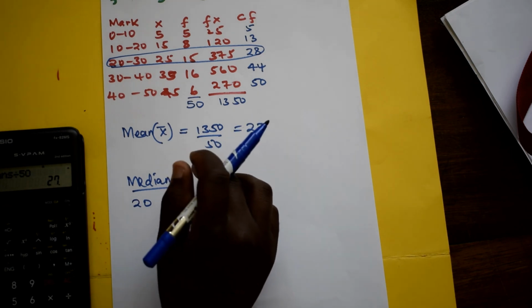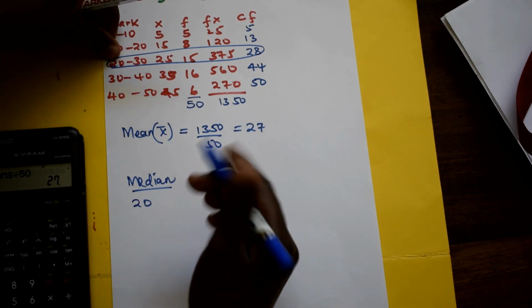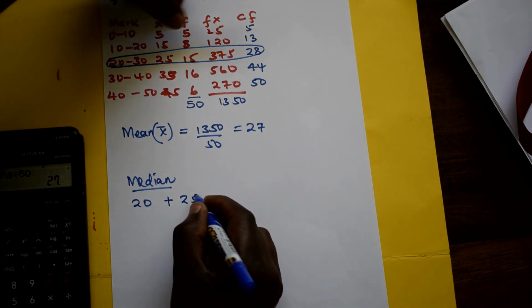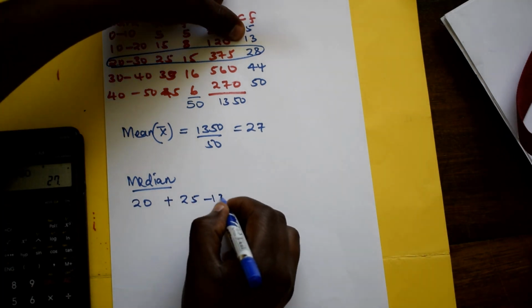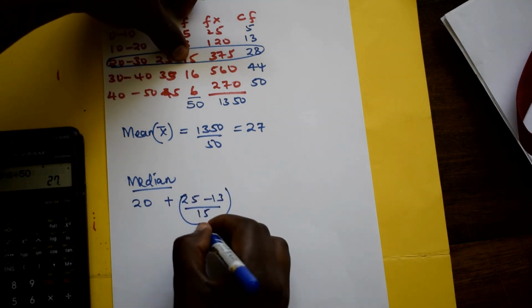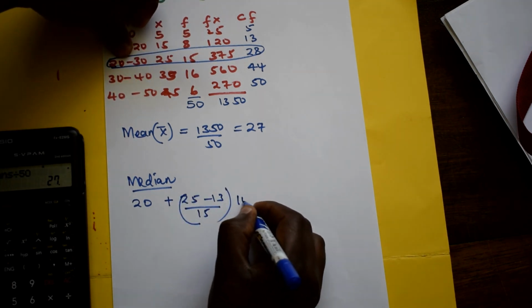In this table it's already continuous, so it remains as 20 plus 25 minus CF above, which is 13, over the frequency of that class, 15, times the interval, which is 10.